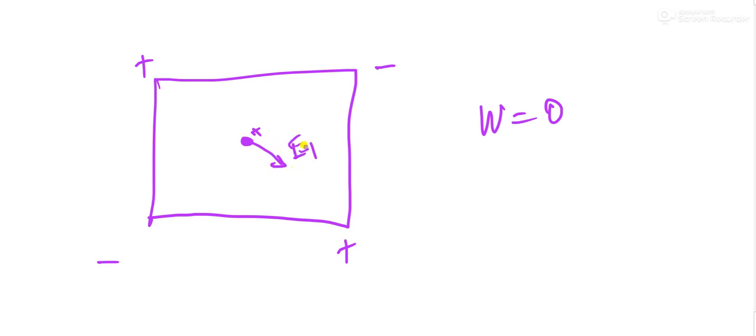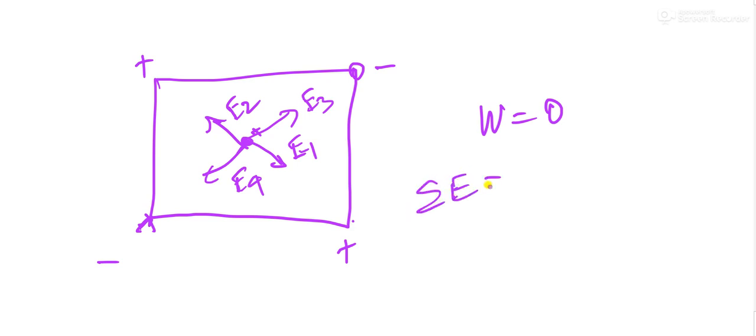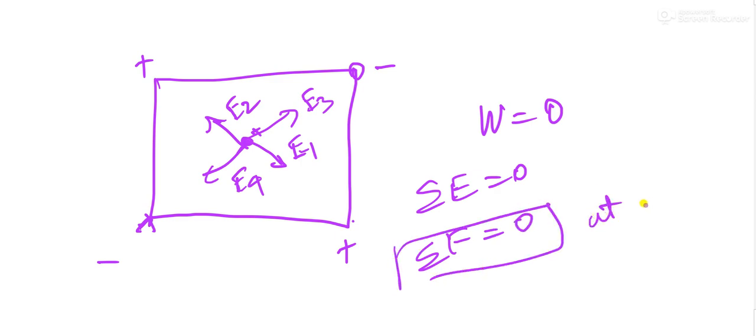E1 is created outside because of this plus, E2 will be created this side. Because of this minus, it's going to attract, E3 will be this side, and because of this minus it's going to attract this side, it's going to be E4. So the net value of this is going to be 0. Even if you take force also, the net value is going to become 0 at the center.